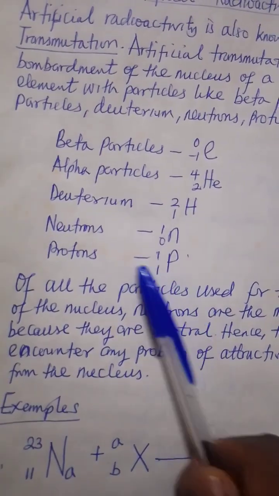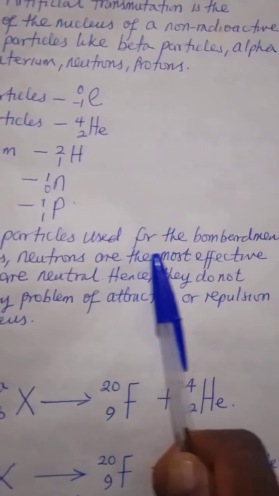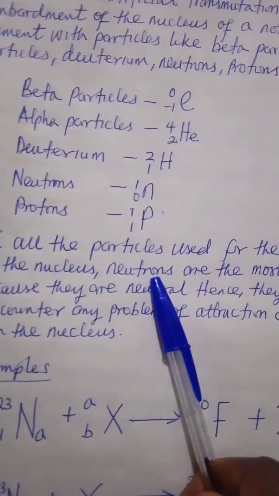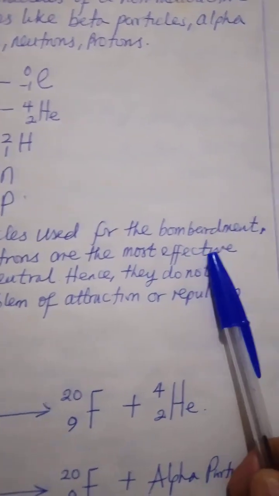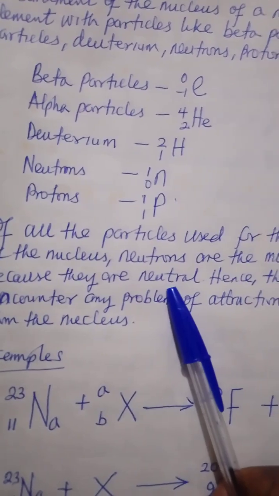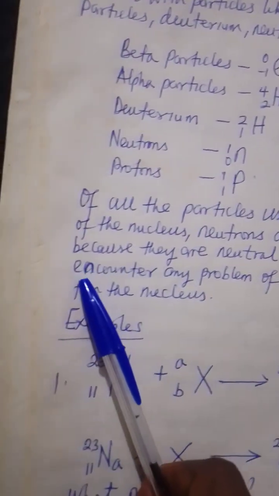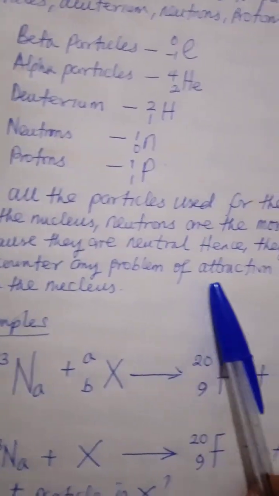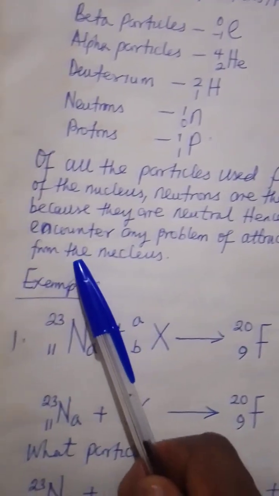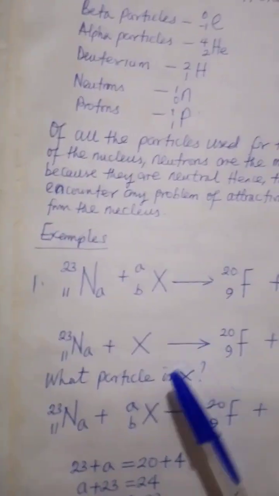Protons, positive, but the neutrons are neutral. Of all the particles used for the bombardment of the nucleus, neutrons are the most effective because they are neutral, hence they do not encounter any problem of attraction or repulsion from the nucleus.